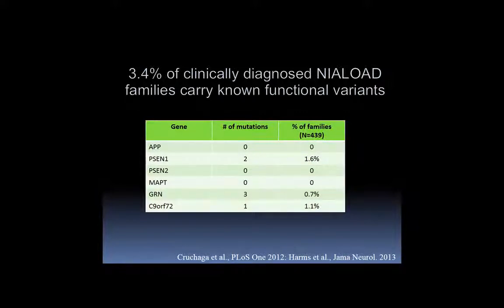Almost all of them are before 60, and probably the most common age range is in the 40s and early 50s. So actually it's much easier to see, they all look completely penetrant. In those families, if somebody carries a mutation, they will get disease within the decade of the onset of other family members in their families.